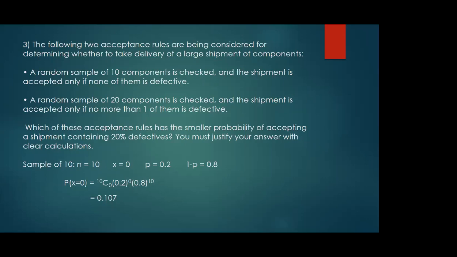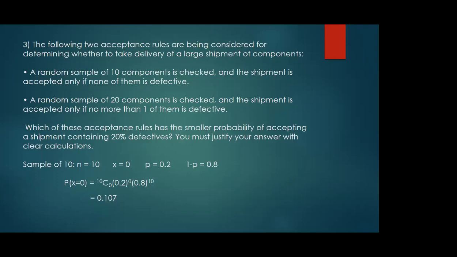The second option is a random sample of 20 components is checked and the shipment is accepted only if no more than one of them is defective. Which of these acceptance rules has the smaller probability of accepting a shipment containing 20% defectives? You must justify your answer with clear calculations.